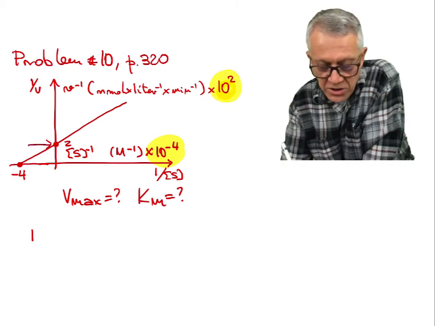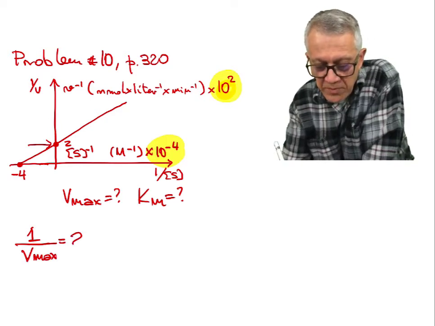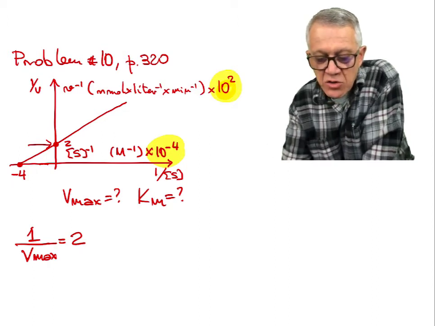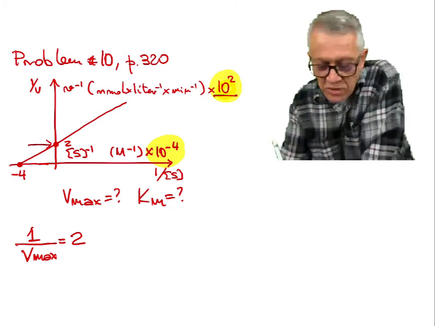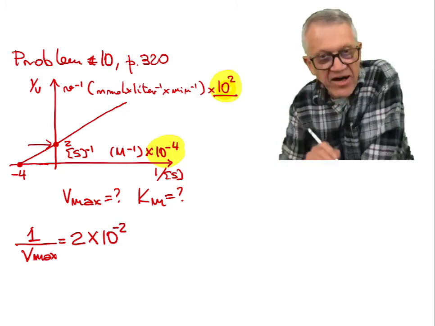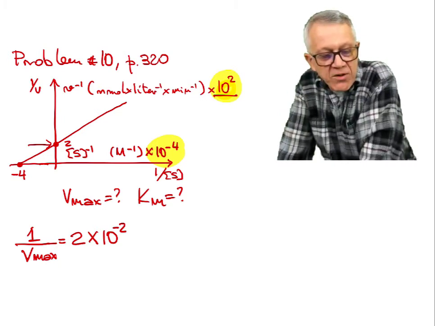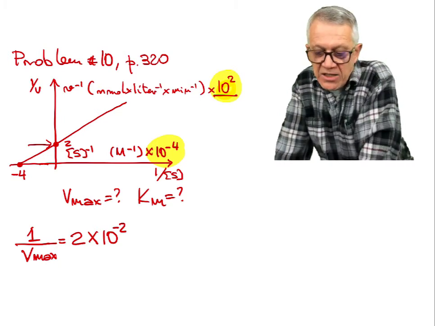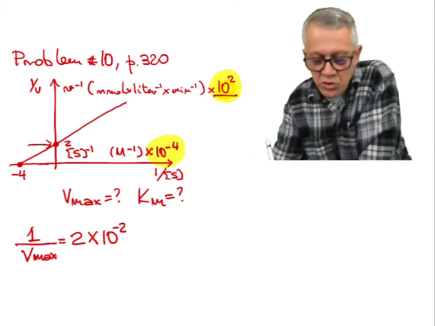In other words, 1 over Vmax is going to equal 2, but we have to adjust the unit because the unit on the axis here was already multiplied by 10 to the power of 2. So now we have to take it back to the original value by dividing by 10 to the power of 2, in other words, multiplying by 10 to the power of negative 2. That was the only problem there, and that could get you in trouble, okay?